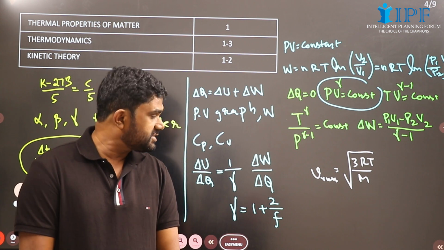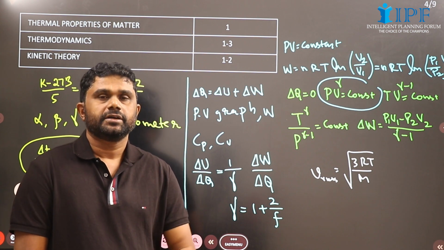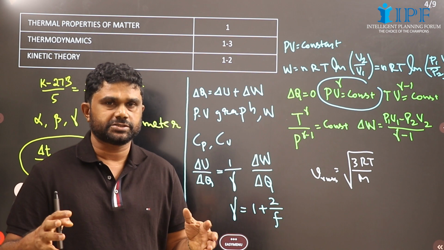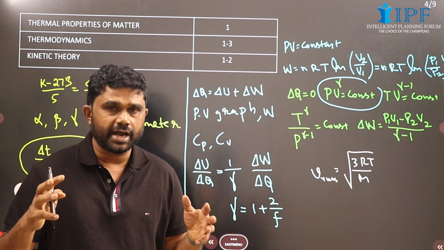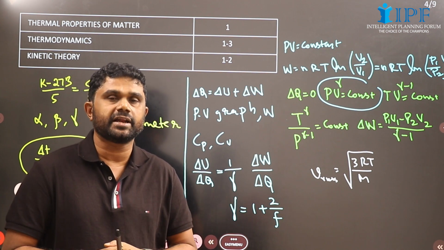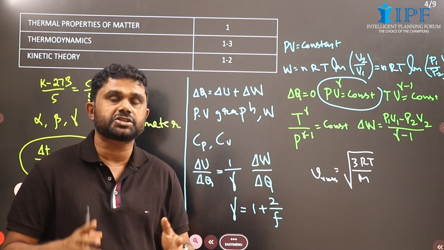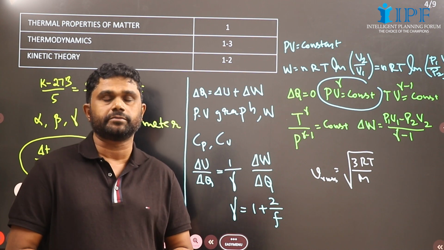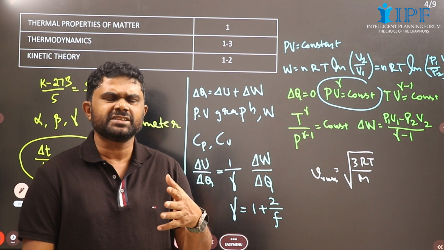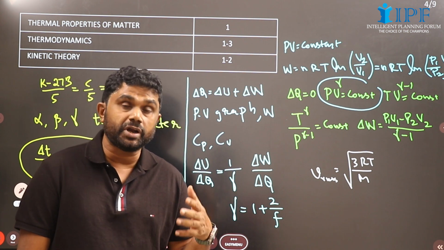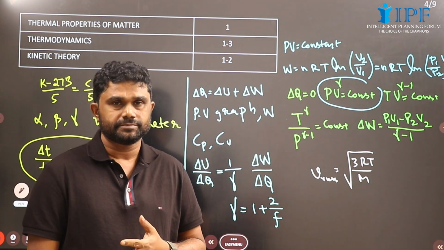Okay, now what is that number of degrees of freedom? See, at normal temperature for an ideal gas, we will consider only the rotational and translational degrees of freedom. We will consider the vibrational degrees of freedom only at very high temperature.